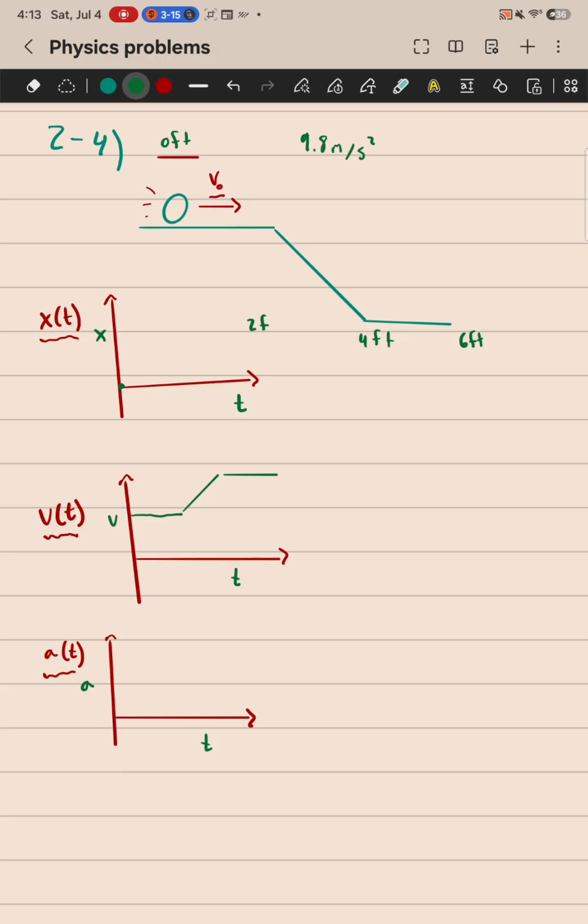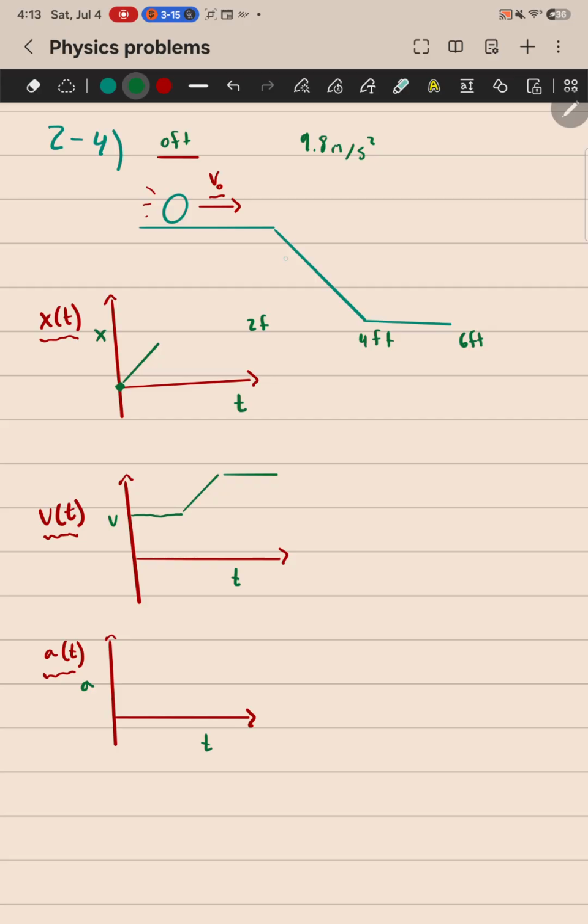So I think by looking at this, most of us can figure out that the velocity will increase as it goes down the ramp. And so now, if we look at this in terms of the position graph, let's say we're starting at 0 feet, like up here. We'll start at point 0, 0, and then we go to 2 feet. Our position will increase linearly.